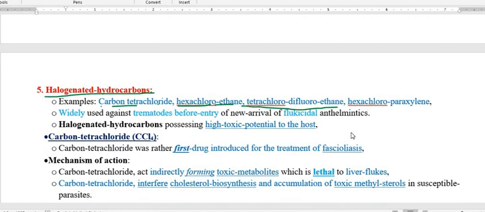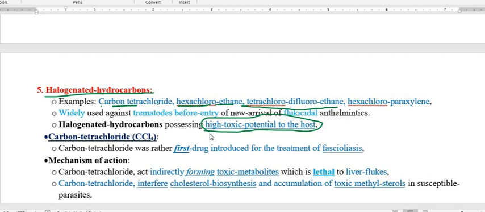They are widely used for trematodes, particularly carbon tetrachloride, before the entry of the newer flukicides. Because halogenated hydrocarbons have a very narrow margin of safety and because of their toxicity, they are nowadays not very much in use. Particularly carbon tetrachloride is still used in sheep.